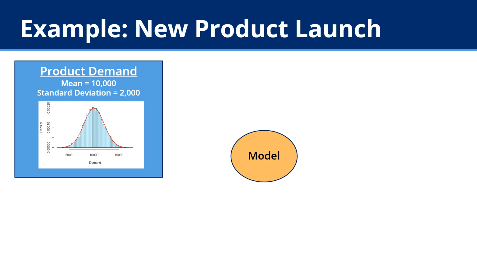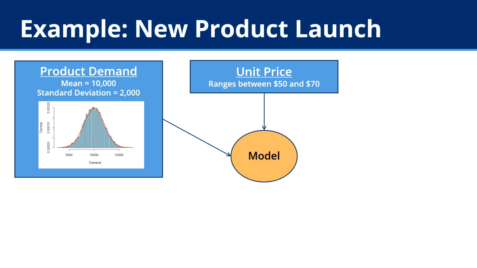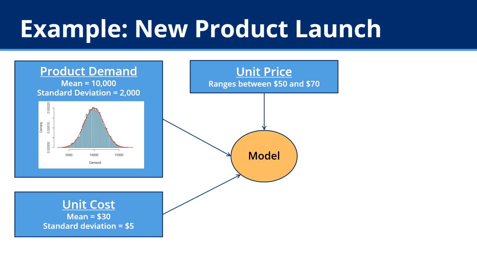The profits, right? So what affects profitability? It's the product demand, and there's other variables, right? In our case, the other variables are the unit price. It ranges from $50 to $70, and the third variable here is the unit cost. Okay, and that again varies depending on supply chain conditions, etc. The average unit cost is $30 with a standard deviation of $5.